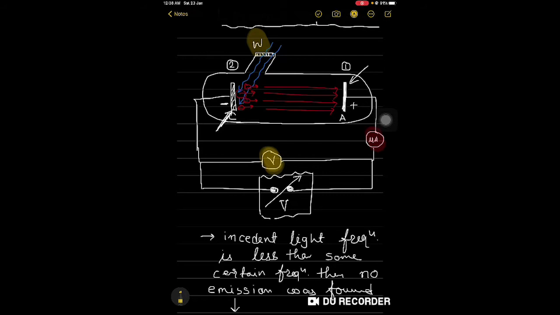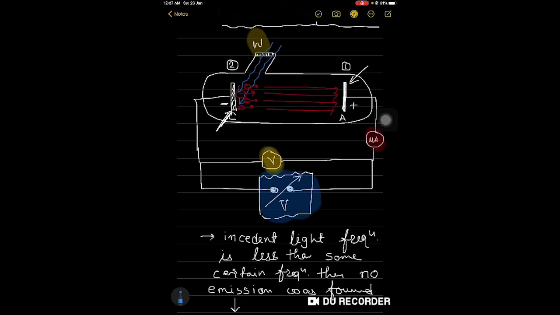Now the battery maintains the potential difference between the plates C and A, and that can be varied. So whatever potential is produced here can be varied and managed between C and A. The polarity of the plates C and A can be reversed by a commutator.